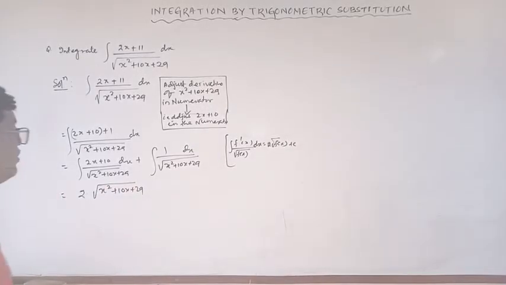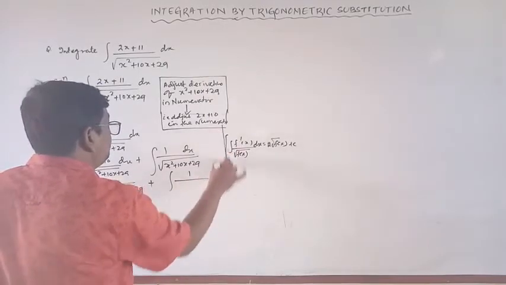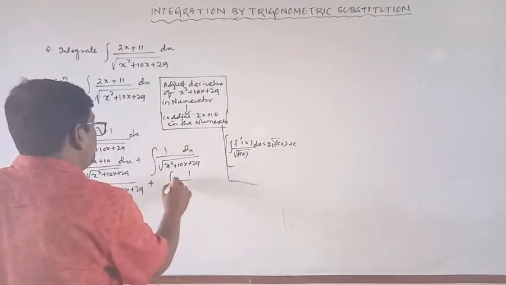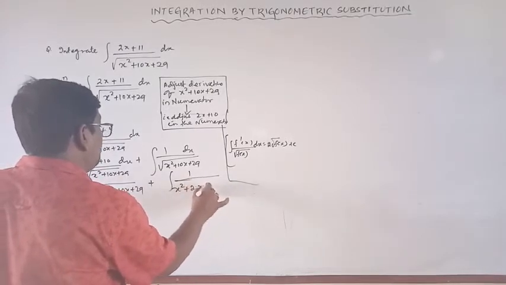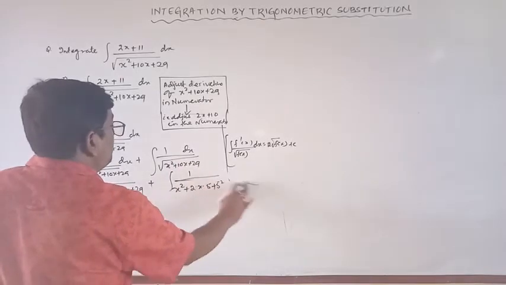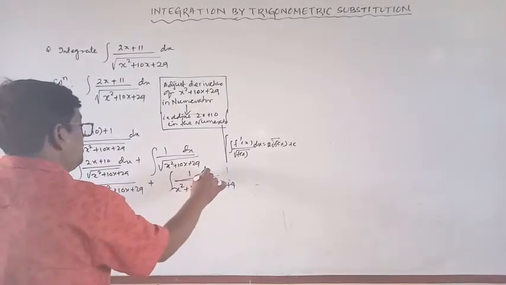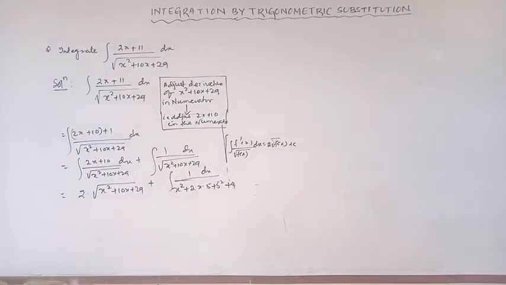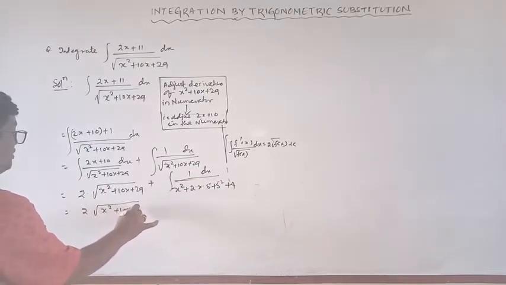And this is perfect square, 1 by make perfect square. x square plus 2 into x into 5 plus 5 square means 25, but required here 29. So this is plus 4, into dx. Clear? Then it is equal to 2 into root over x square plus 10x plus 29.